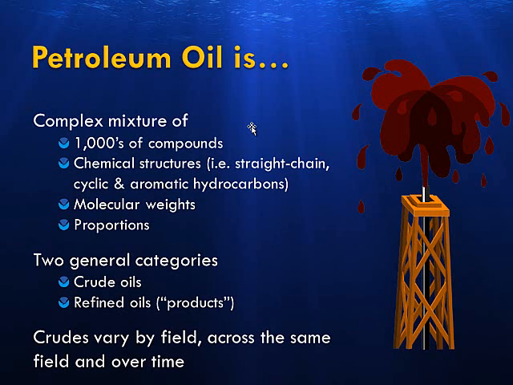But you can even have differences in the oil chemistry of an oil within the same formation or over time from the same area. So the oil chemistry of Alaska North Slope crude has changed dramatically over the last few decades just because it's drawing from different parts of the formation and because they're accessing different areas. So oil chemistry can be very complex in its makeup.